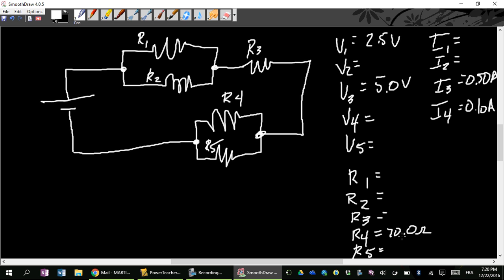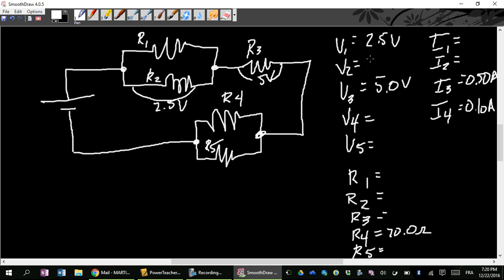Okay, it'll take a lot of space, this one. Okay, so let me think. So we know V3, so we know this. This is 5. I won't use my sig digs just to simplify my drawing. This is 5 volts. V1. So we know that's V2 as well. That is 2.5 volts.